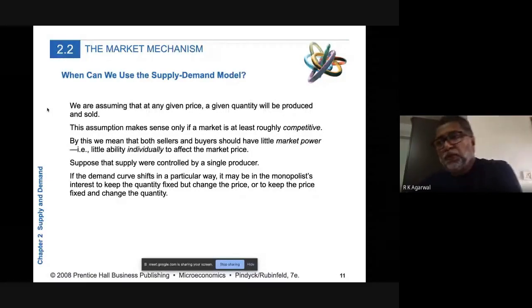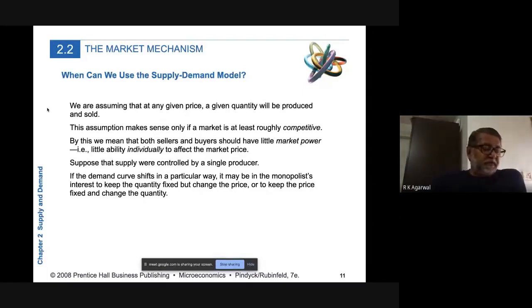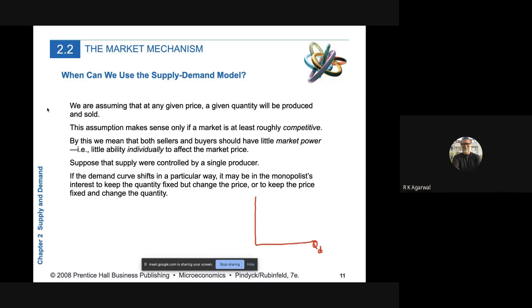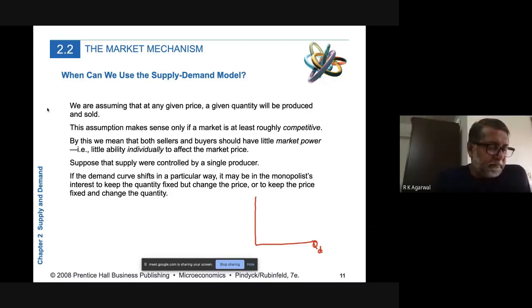Now, look at this particular thing very carefully, the last sentence which we have written. Now, I will try to illustrate this thing. Suppose you have this position to start with. This is quantity demanded and supplied. This is price. This is demand.